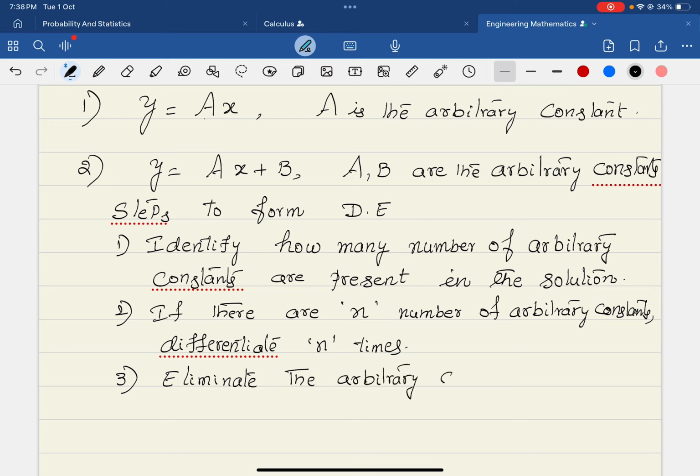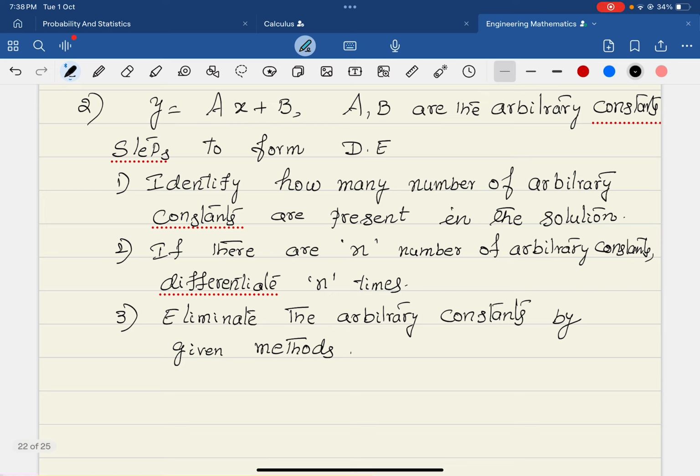To eliminate the arbitrary constants, we generally follow two methods. Once elimination is over, we get the required differential equation.